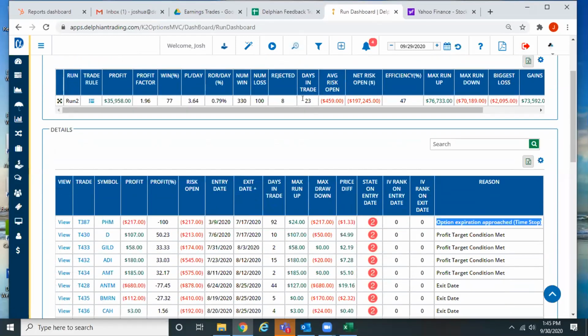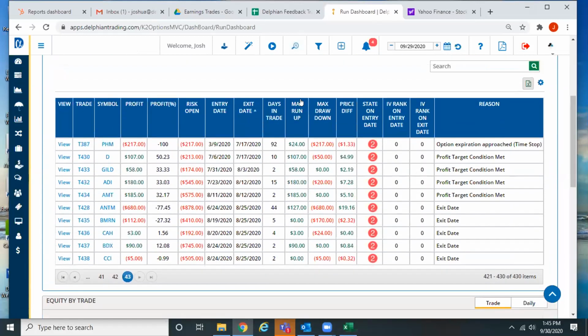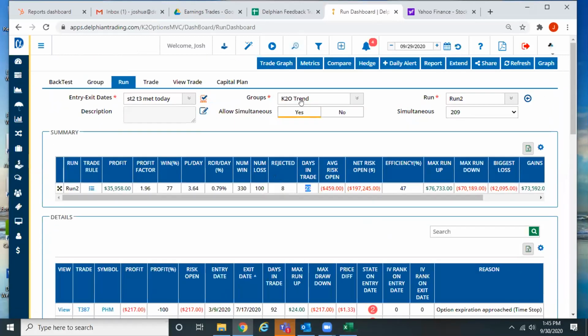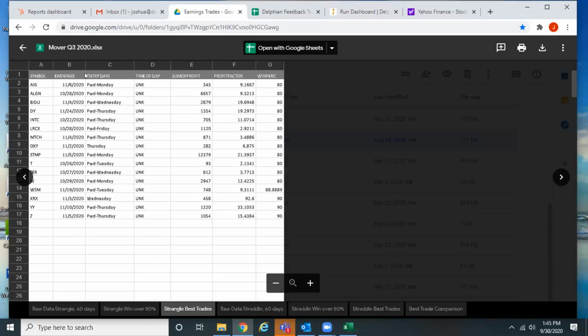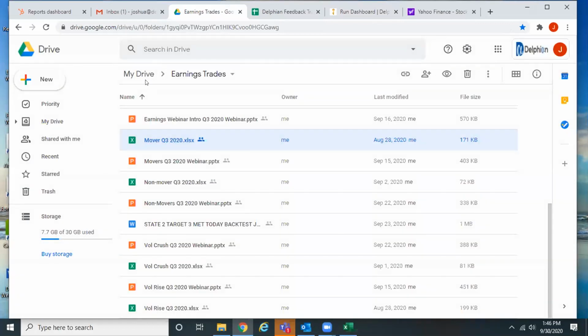Yeah, it's up here for the big run. It's 23. Okay, so I'll populate that spreadsheet for you guys, and then you can try and apply that for next week.